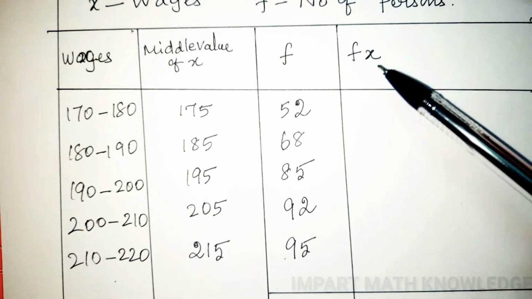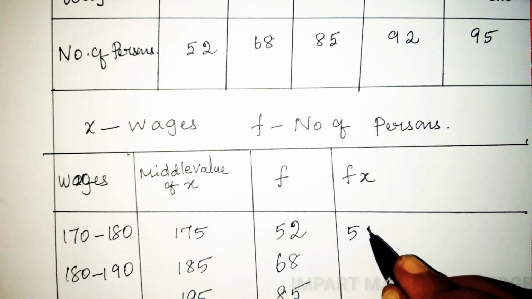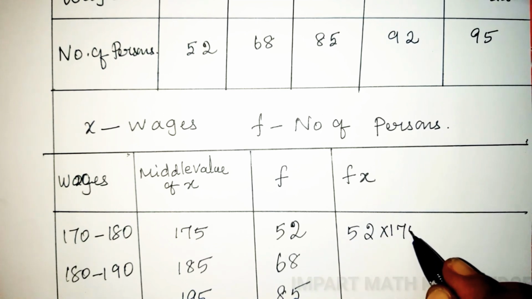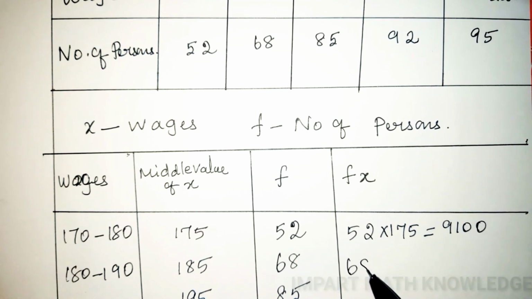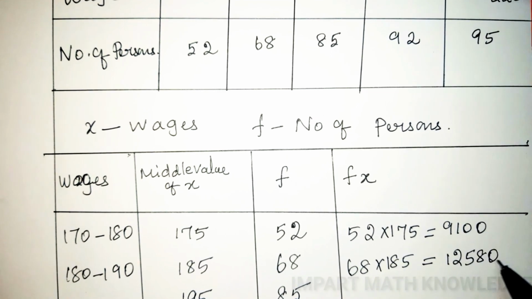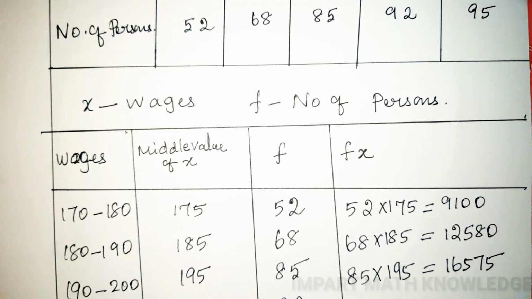Now we have to multiply frequency with the middle value of x. 52 into 175, if you multiply, you will get 9100. 68 into 185, the value is 12580. 85 into 195, the value is 16575.